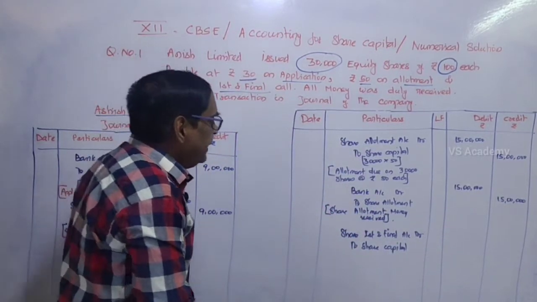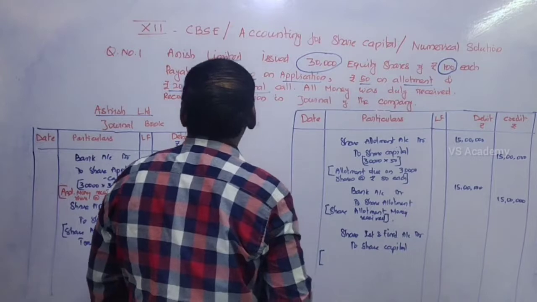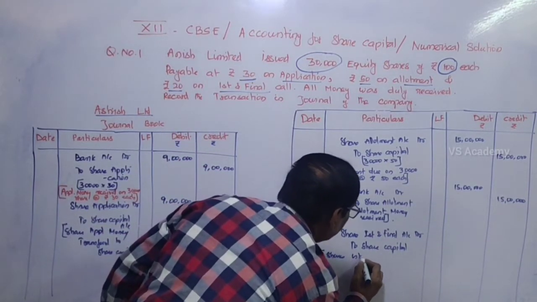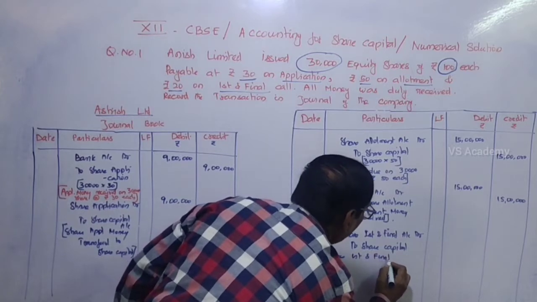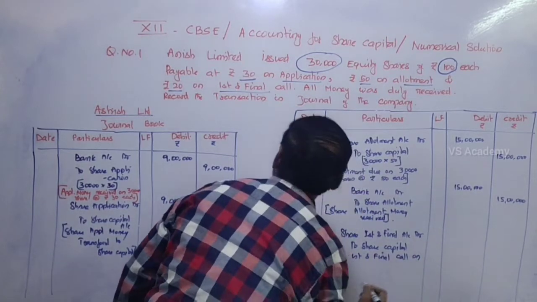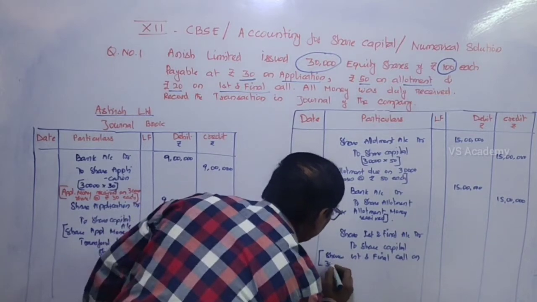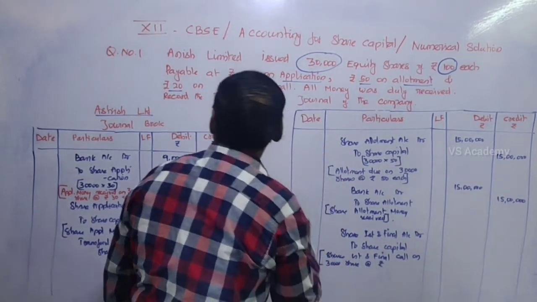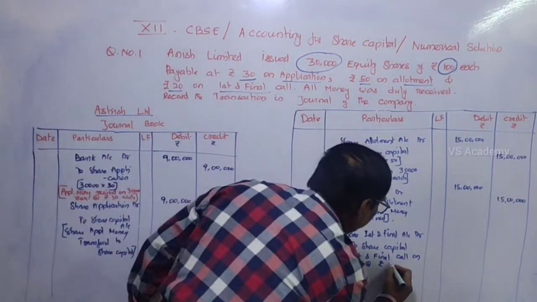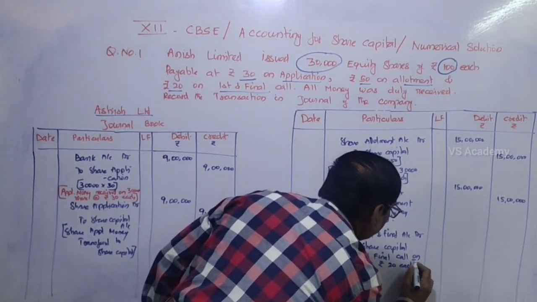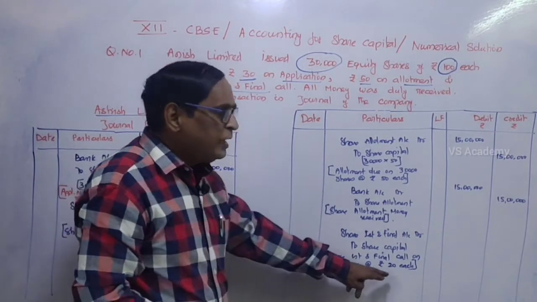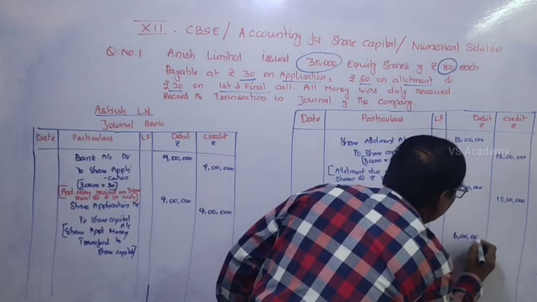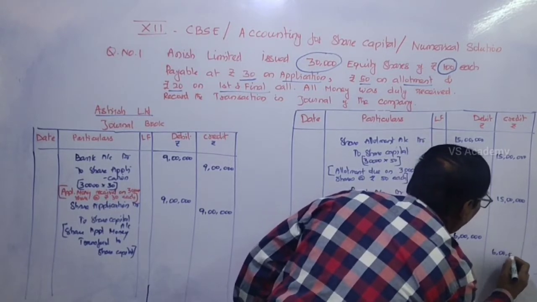The narration is: share first and final call on 30,000 shares at rupees 20 each. That means the amount is 30,000 into 20, so 6 lakh rupees. It is a due entry we have to pass.